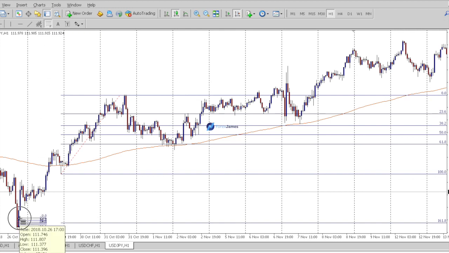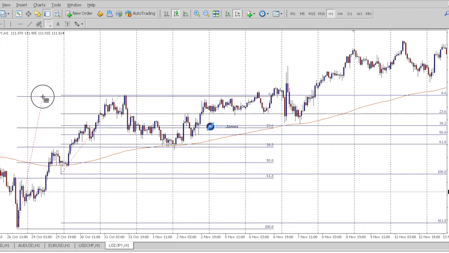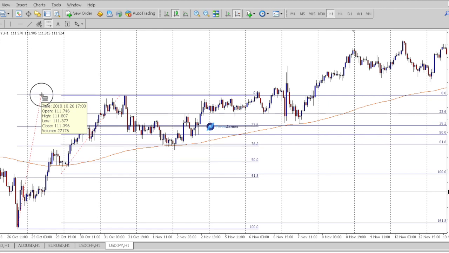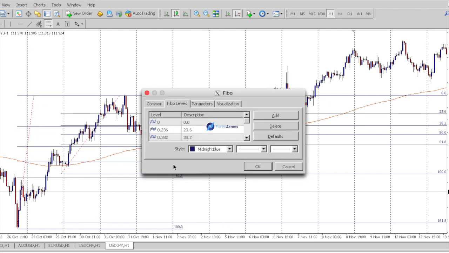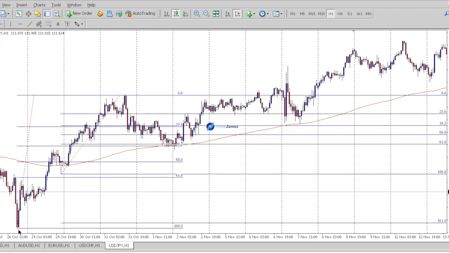Some of you may prefer pulling your fib from this starting point, the lower point here. And what we have here, if we had pulled the swing from this area instead of this swing, is a pullback to the 38.2. So as you can already see, there is some subjectivity with this method of using Fibonacci.